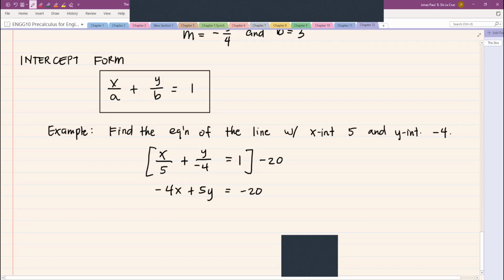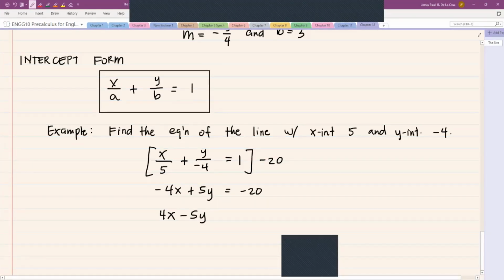I-positive natin yung x. So we have positive 4x minus 5y plus 20 minus 20 is equal to 0. Okay, ito na yung sagot natin. 4x minus 5y minus 20 is equal to 0. Alright?